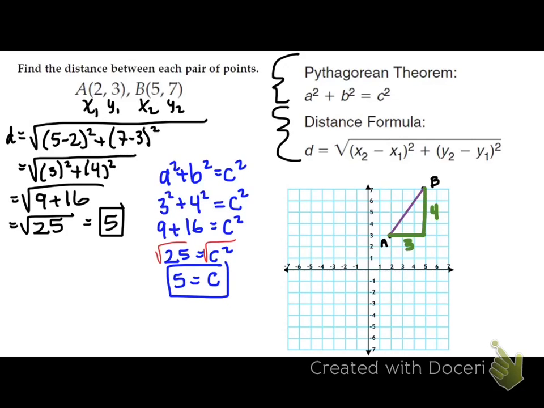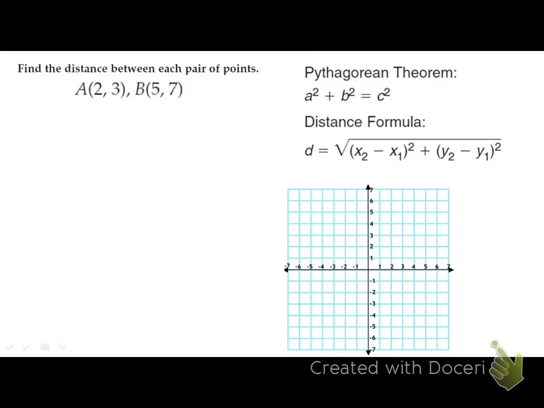So here we go. Let's do one more. Uno más. Try this one out. Negative 2, 0. Let me draw this one in. This is C. 6, 4.